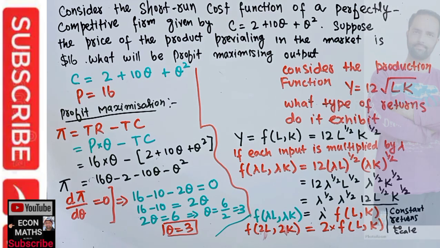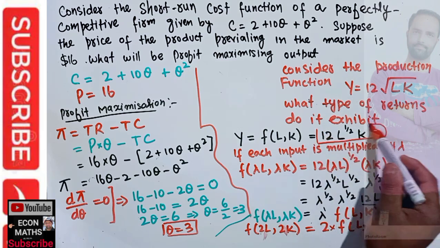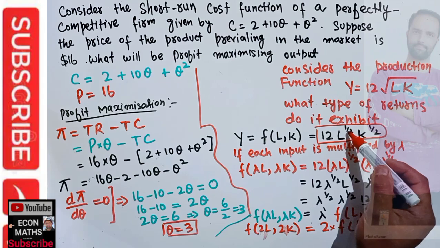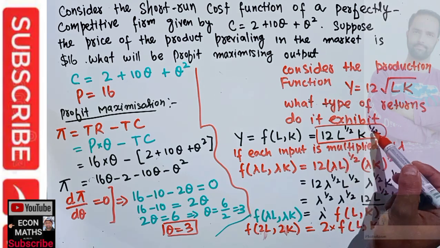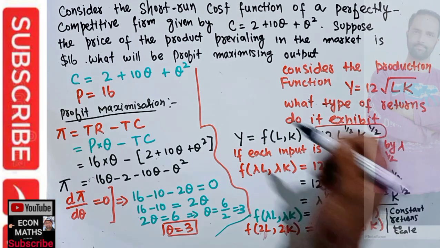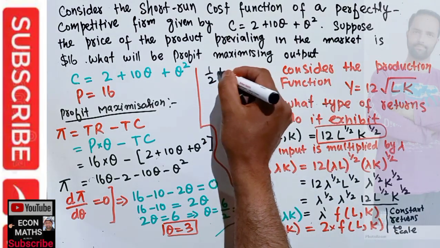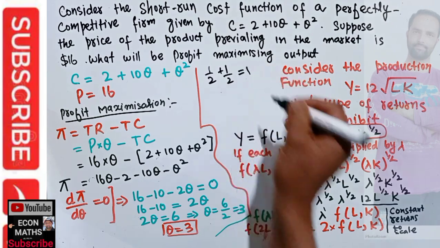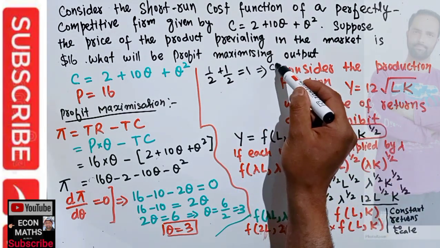Another way, a shortcut method, is to see the exponents. Since it is a standard Cobb-Douglas production function, the exponents of L and K actually denote the output elasticity of labor and the output elasticity of capital. If the sum of exponents adds up to 1, this production function exhibits constant returns to scale.